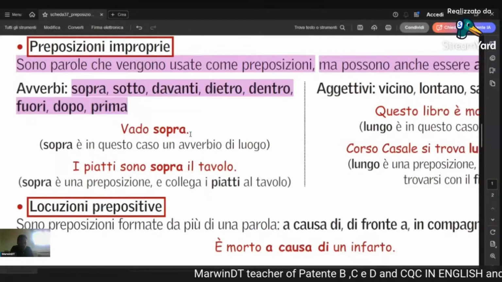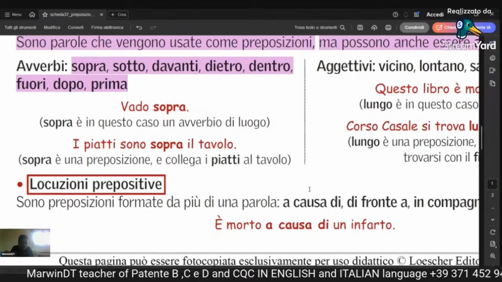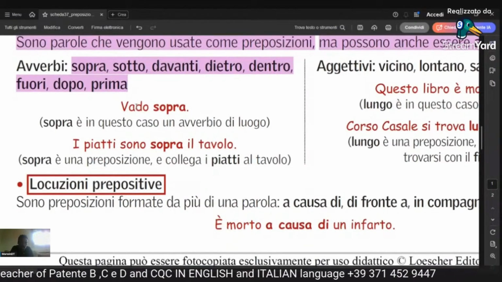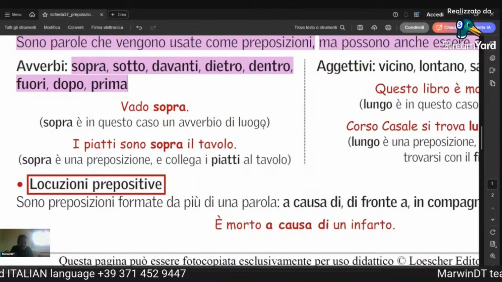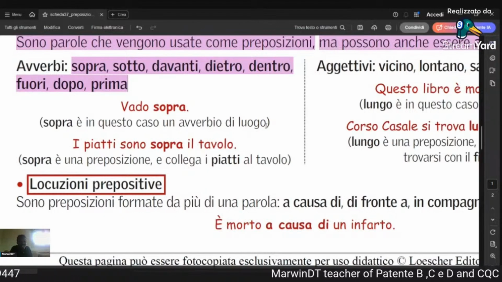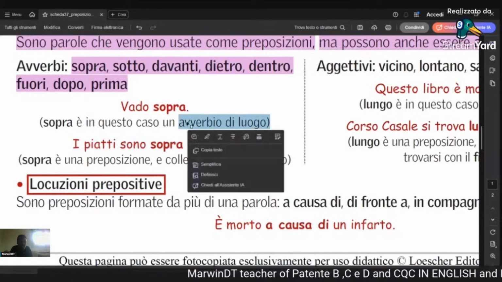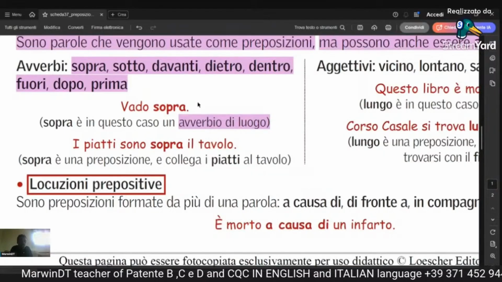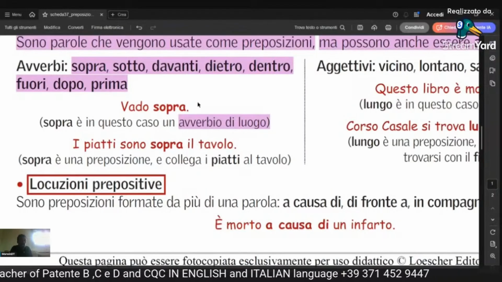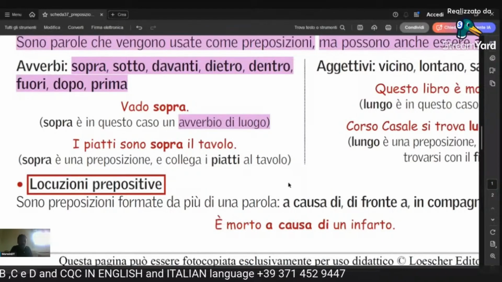Vado sopra. So I'm going on top. Sopra in questo caso è un avverbio di luogo, meaning it is an adverb of location. Vado sopra, I'm going on top. So the location is on top. Very good.